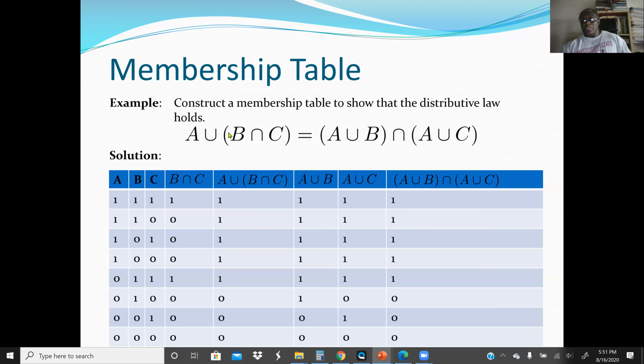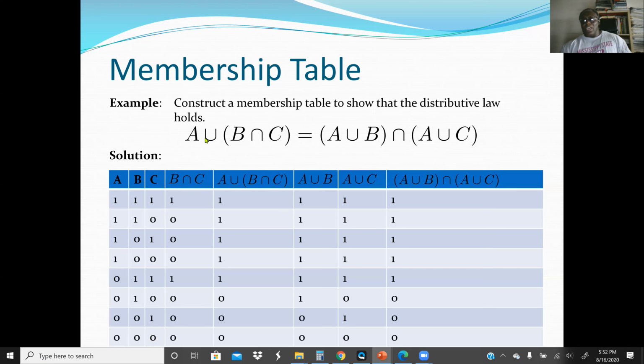Then we apply: I have B intersect C, so I need to find it. Intersect again is multiplication. Then I have A union B, so we have that one. I also have A union C, we find that also. Union means addition, so I'll add A plus B, next A plus C, up to all the possible 8 rows.